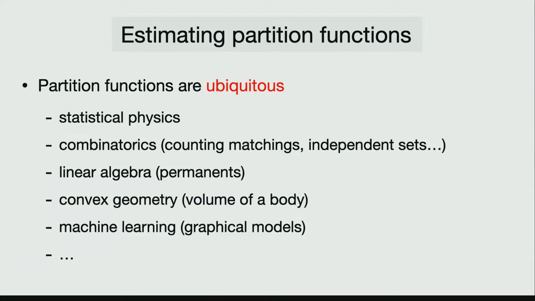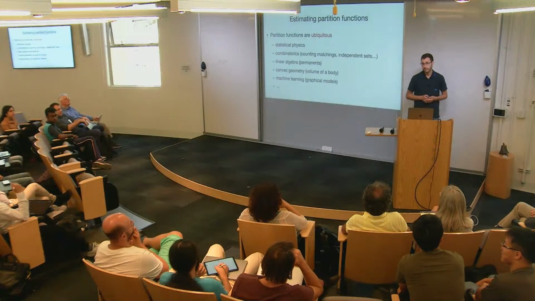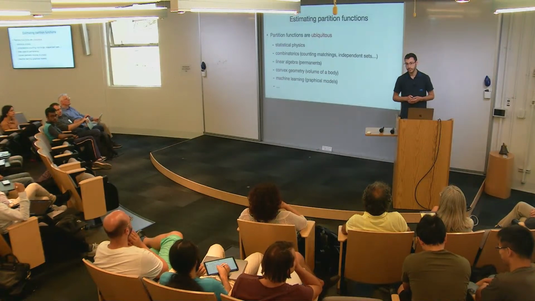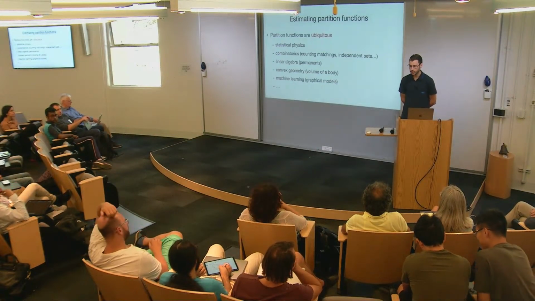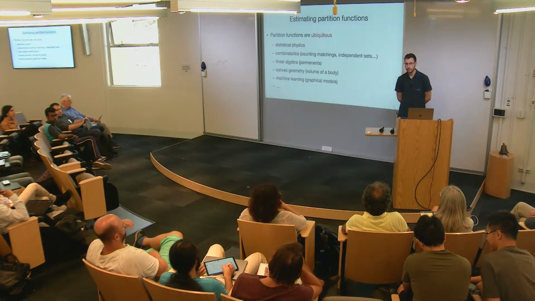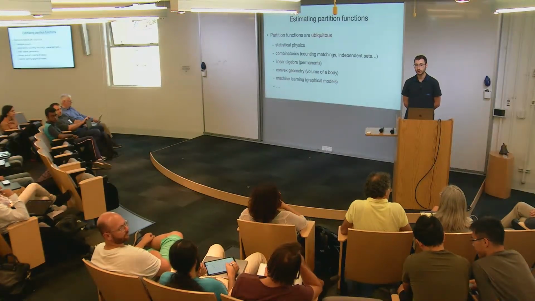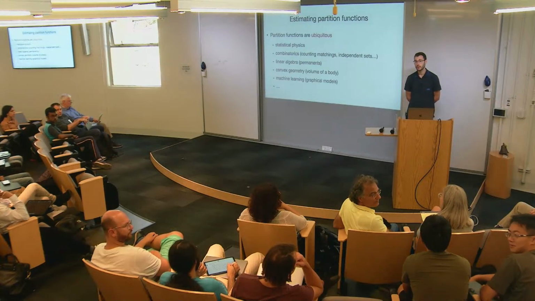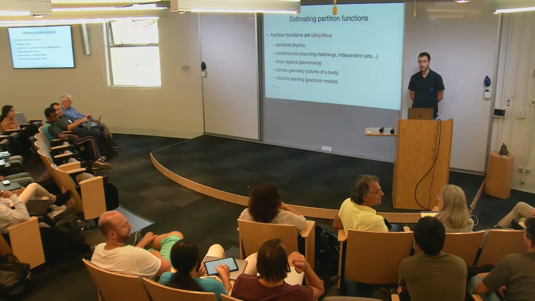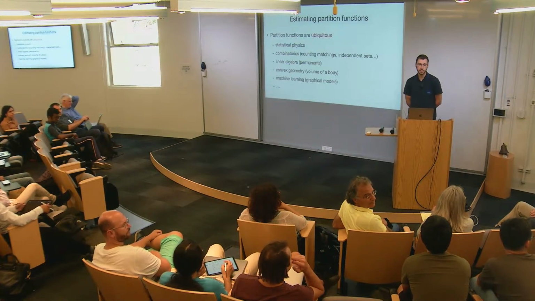Like in physics, you never really care about the partition function itself, but rather about observables, so dividing an expectation by the partition function. But you mean on top of the partition function? Well, you're interested in what is the expectation of the observable. For this, you don't need to know the partition function. Yeah, but you care about the limit. This is, I think, a different task, right?